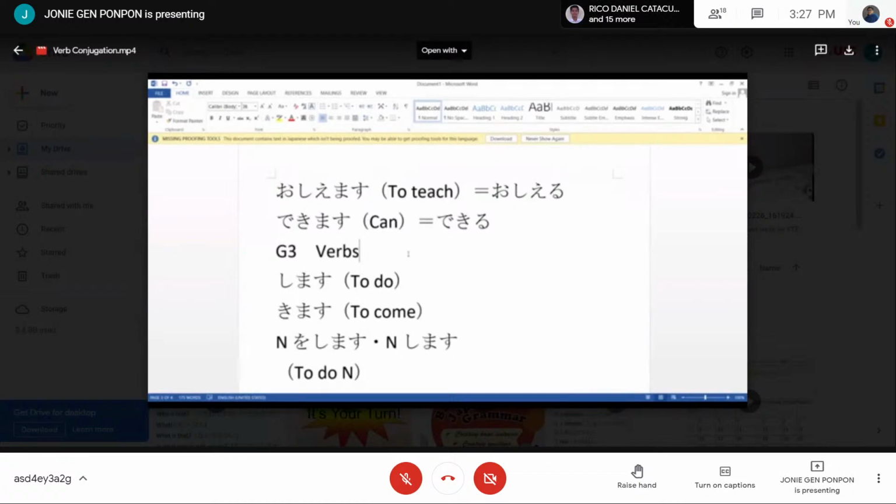You should just remember them because they have no rule. Shimasu becomes suru for its jishuke form, kimasu is kuru, and for the noun o shimasu or en shimasu, that is en o suru or en suru.